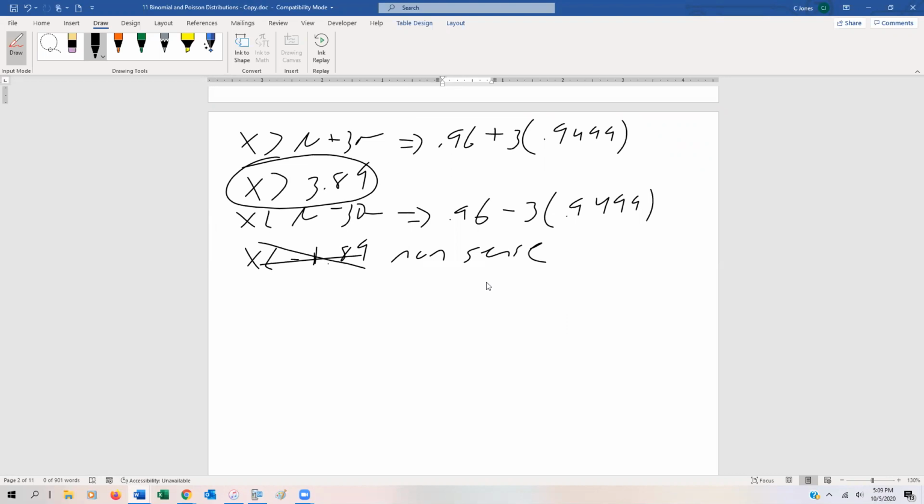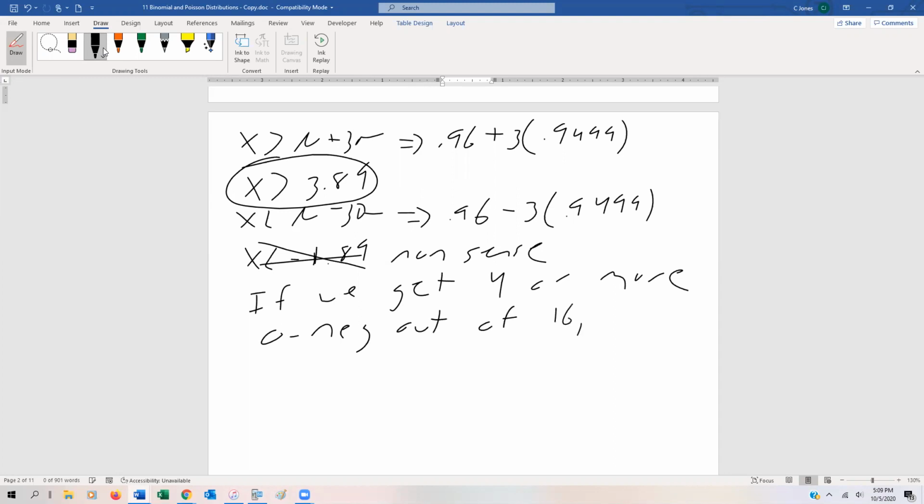But if we get more than, or we could just say 4 or more, O negative out of 16, this is an outlier. In other words, it's a very rare occurrence. So we might want to choose not to trust those responses.